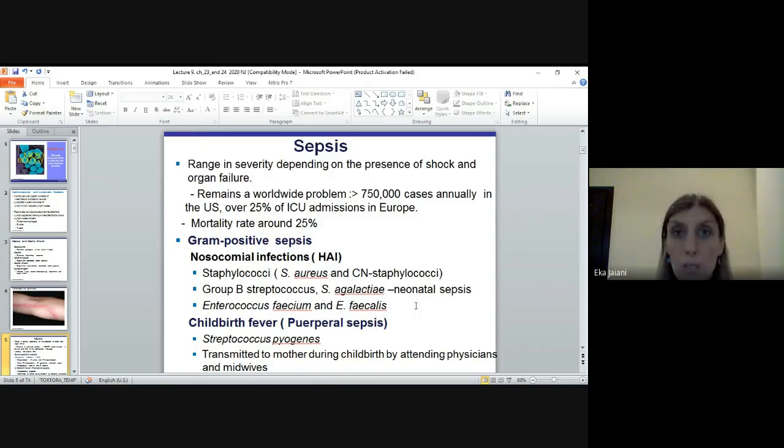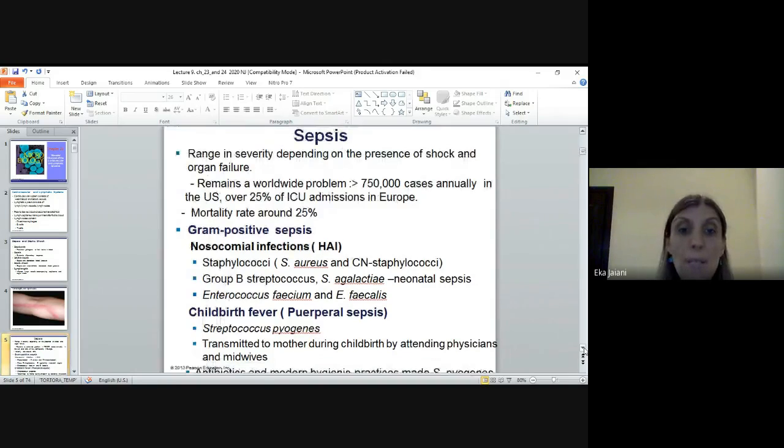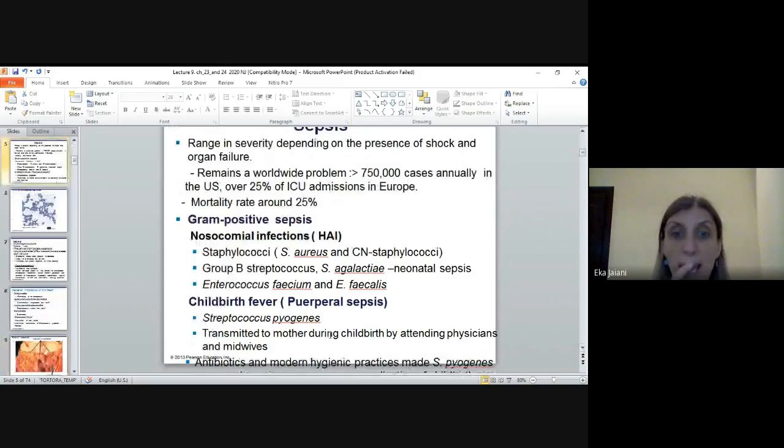In hospital environments, they can lead to wound infections, spread systemically, cause heart infections as well, and also lead to sepsis. Childbirth fever, puerperal sepsis, is caused by Streptococcus pyogenes, and it is nowadays very rare.